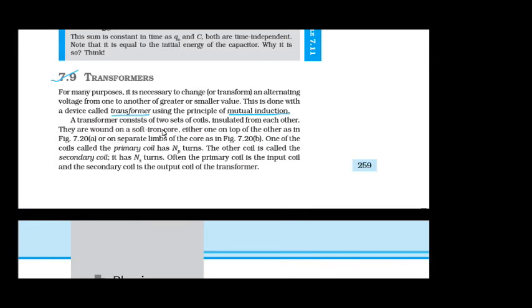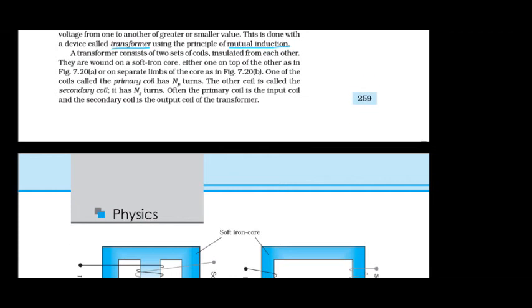A transformer consists of two sets of coils insulated from each other. They are wound on a soft iron core, either one on top of the other as in figure 7.20a, or on separate limbs of the core as in 7.20b. So let us see 7.20a and b.